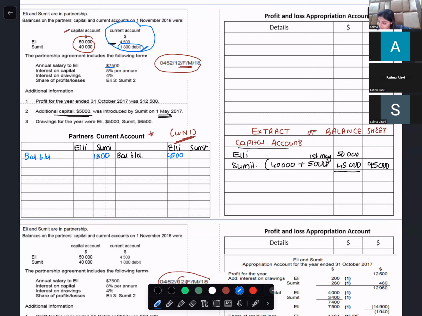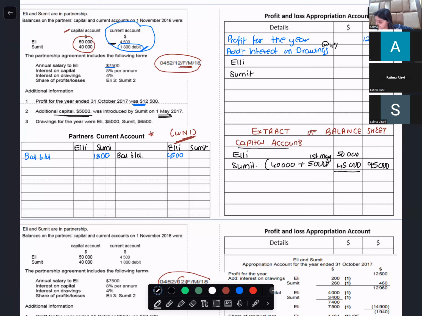Annual salary. But first, will I go for profit for the year? Yes, miss. Where will I write? On the profit and loss appropriation. How much? 12,500. Add what? Interest on drawings, Elli and Sumit.